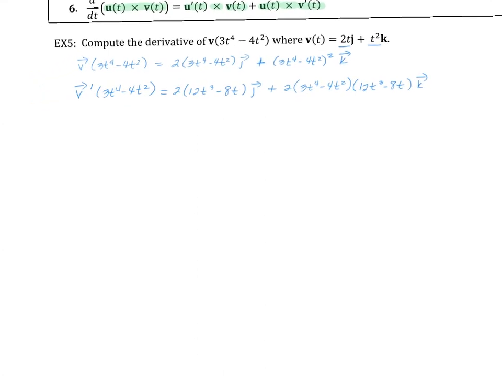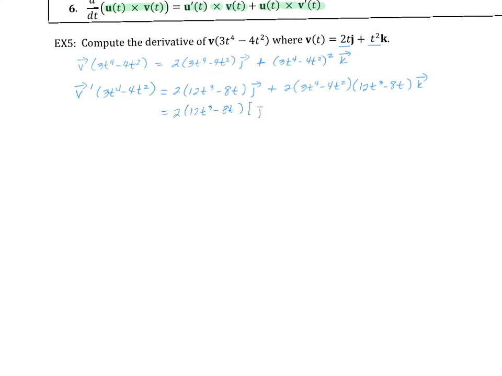So if I was to write this vector factored, what I would do is look at the j and k components and factor out any common factors. So I see I could pull out a 2, and I can also pull out the 12t to the 3rd minus 8t. And there may be more that I could pull out, but for now I'm going to leave it this way and see what it looks like.